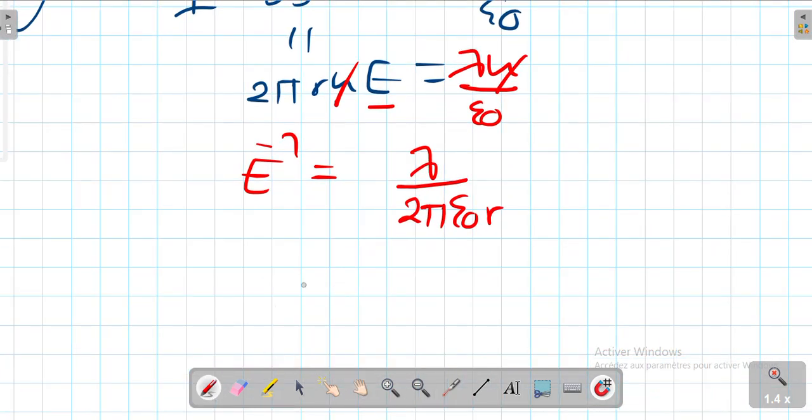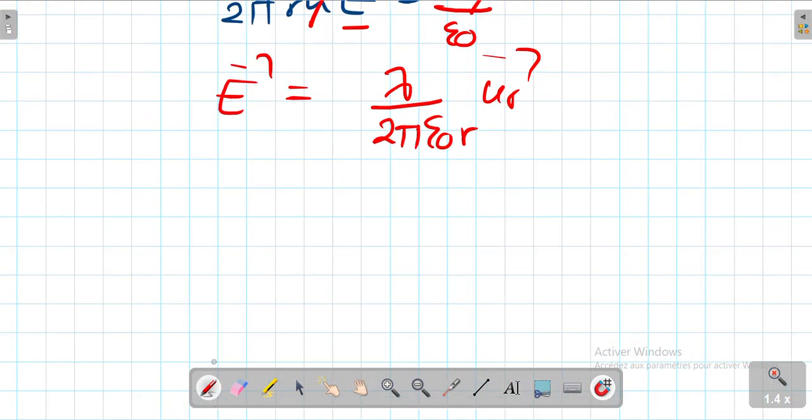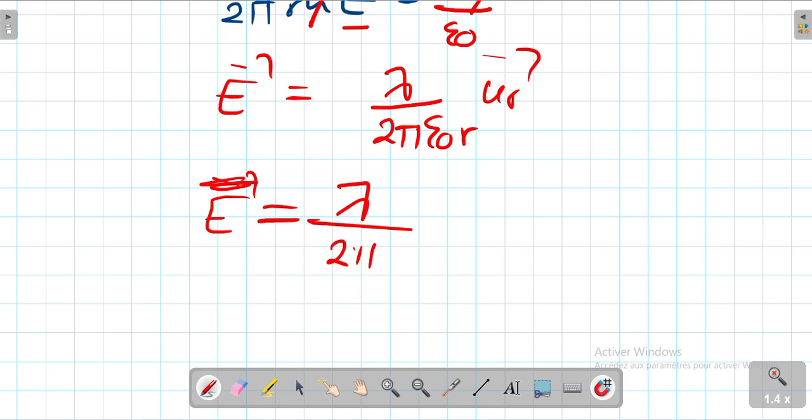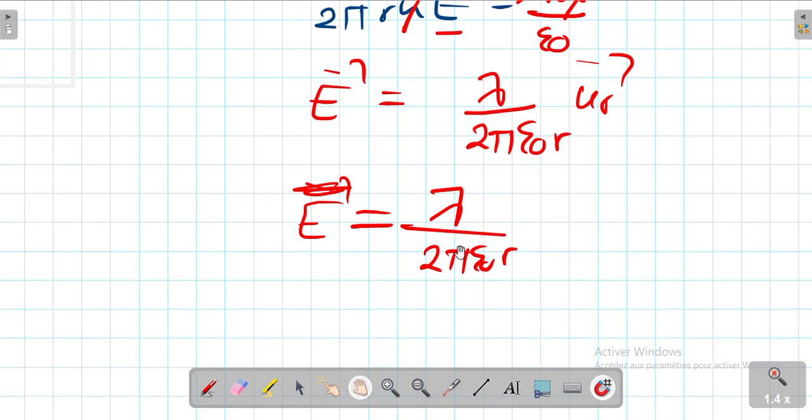This is in the direction of the radius. Of course, we established that the direction of this is in the direction of the radius. Or you can give me a magnitude. The magnitude is just, without the unit vector, lambda over 2 pi epsilon 0 r. So this means that E is just dependent on the radius from the calculation.